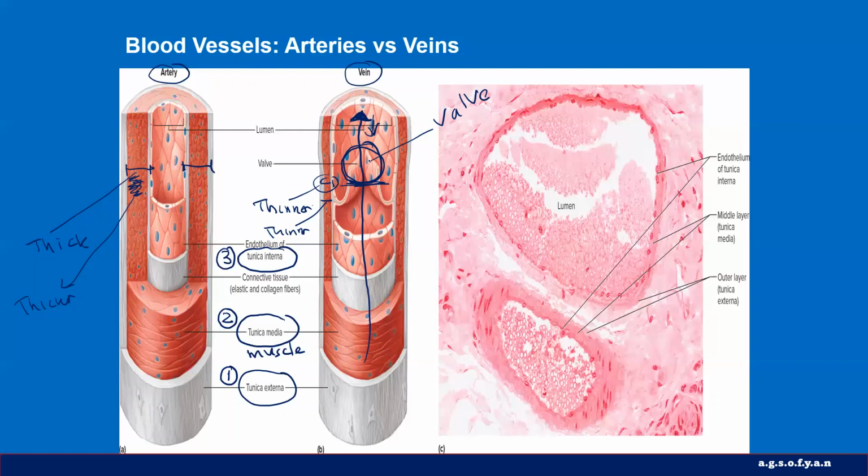And they need the valve in order to make the blood go only one way, because there is no pressure actually in the vein. Okay? So therefore they need this valve. While in the artery, there is always pressure that makes blood go to our organs from the heart, because the heart pumps the blood and it causes the pressure that pushes the blood away from the heart to our organs.